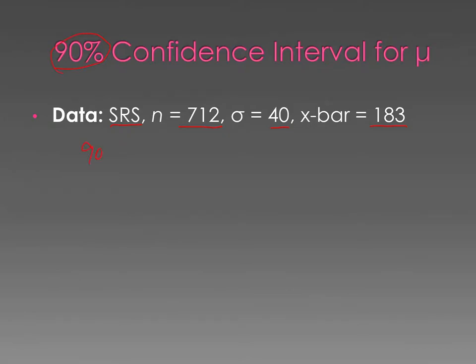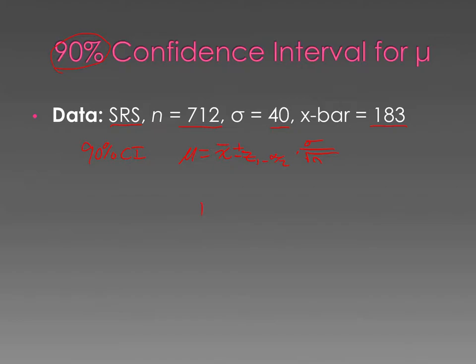So for a 90% confidence interval, your formula is going to be mu equals x bar plus or minus z of 1 minus alpha over 2 times standard deviation or sigma over square root of n. So now we just plug in the values that we know.